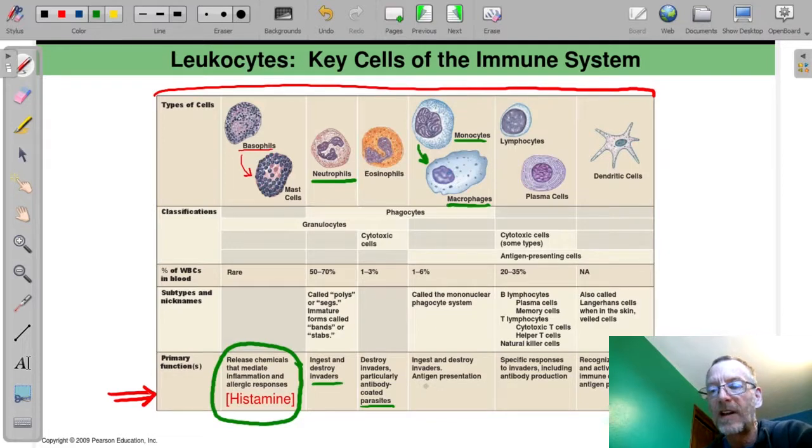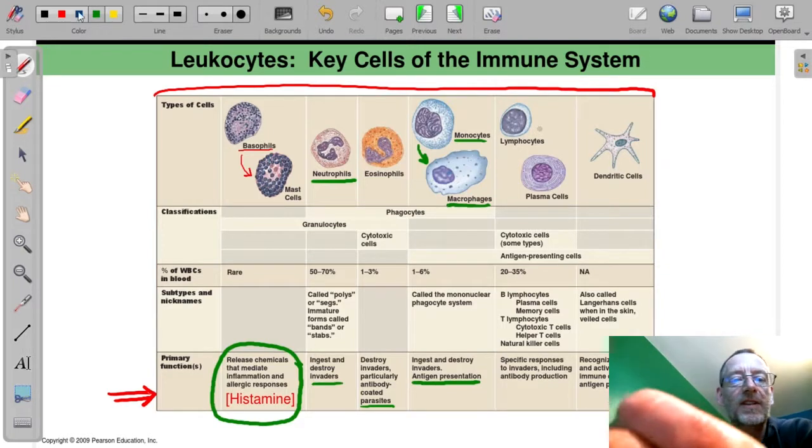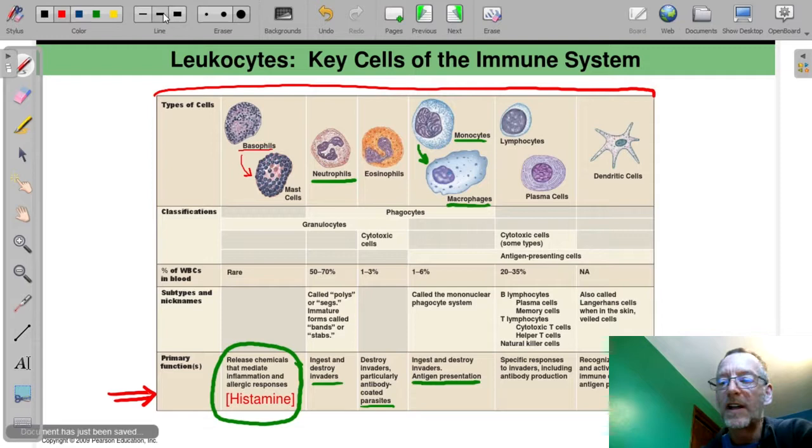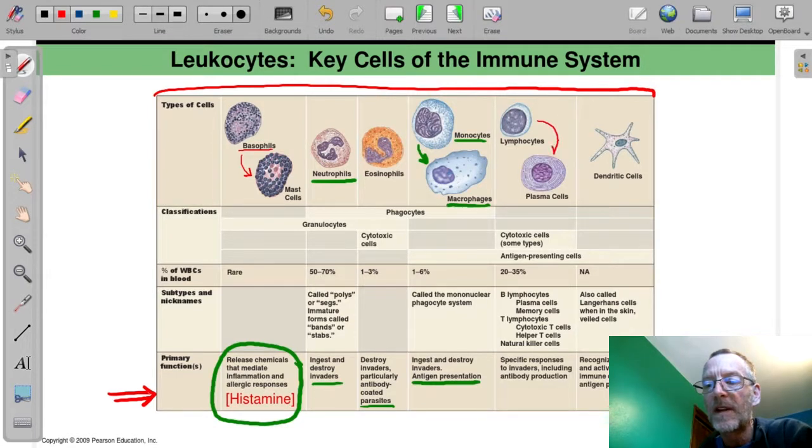And macrophages are involved with this idea of antigen presentation, which is the lecture after this one. Then we have the lymphocytes, and again, lymphocytes are related to plasma cells. We'll spend some time talking about plasma cells and antibody production.